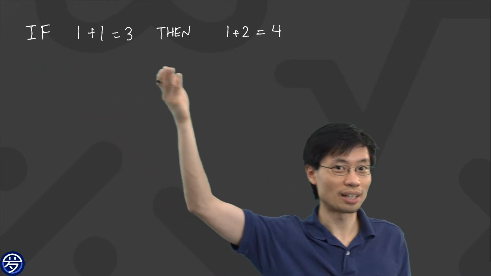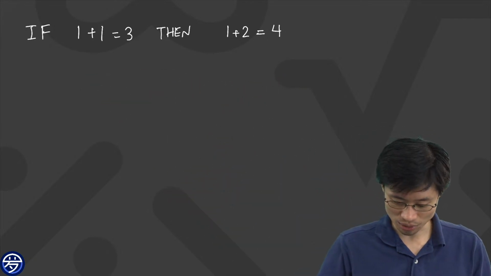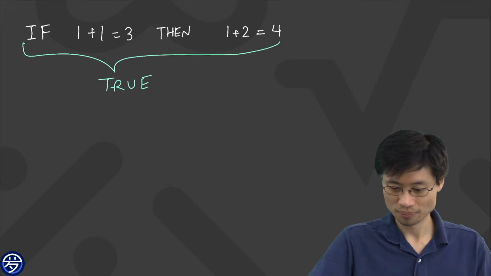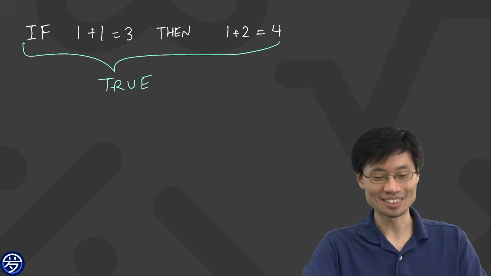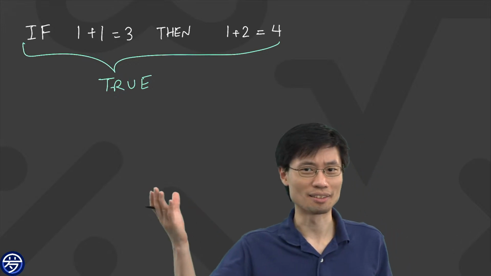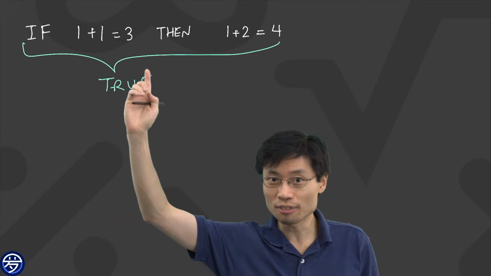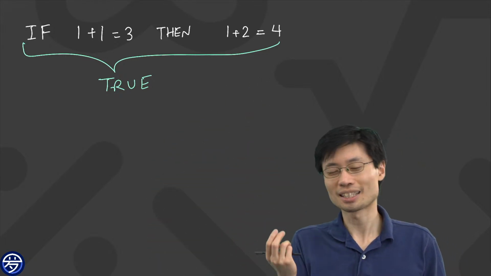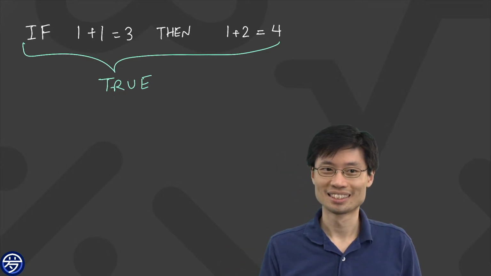So this whole thing I've written down is actually true. But the reason why I pressed undo, the reason why this is not very interesting, is because it's a true statement that if 1 plus 1 equals 3, then that's true. But it's kind of useless because 1 plus 1 is not 3. Do you see what I mean?